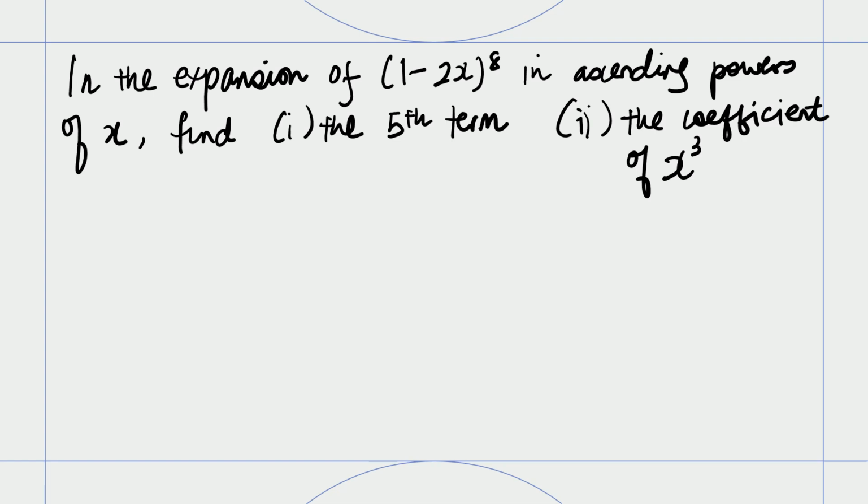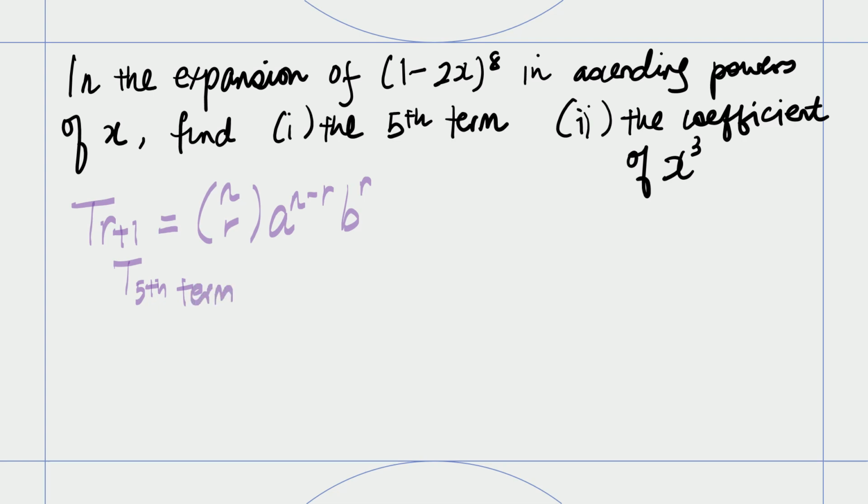This is where the general term comes in handy. So how do we use it? Let's write down the general term formula first. T(r+1) equals nCr a^(n-r) b^r. Recall that we want to find the fifth term, so we are finding T fifth term.